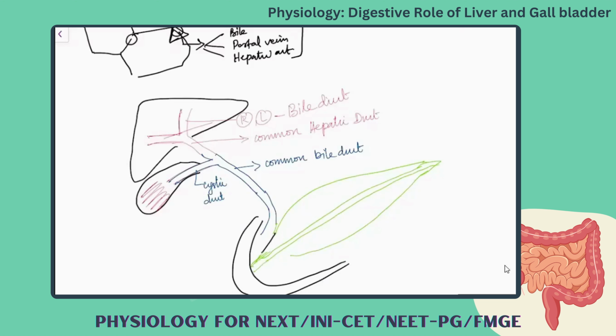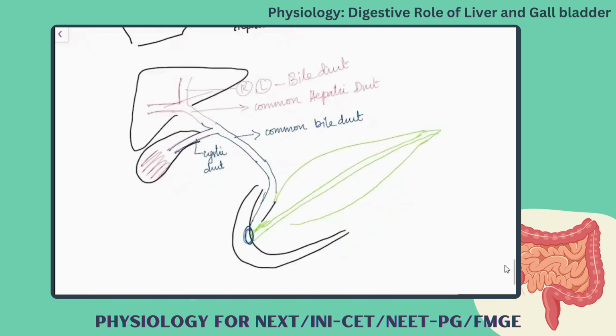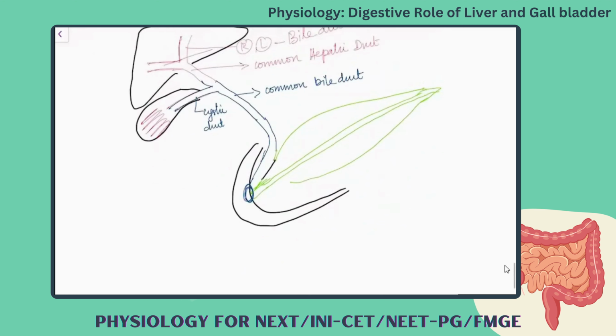The part where the common bile duct and the major pancreatic duct join is called the sphincter of Oddi.